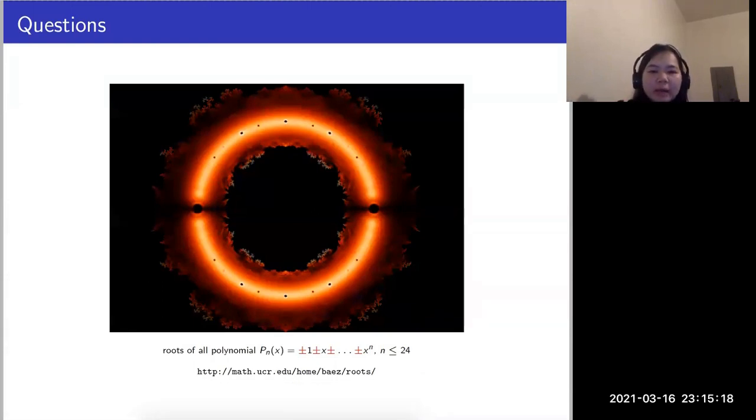So here they draw all of the roots of polynomials in which the coefficients are plus or minus 1 and the degree n is less than or equal to 24. And it looks very similar to the random picture that we saw on the last slide. Let me zoom in a little bit on this picture.